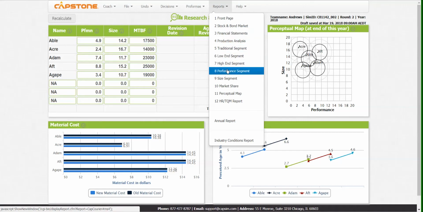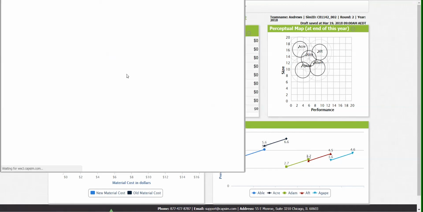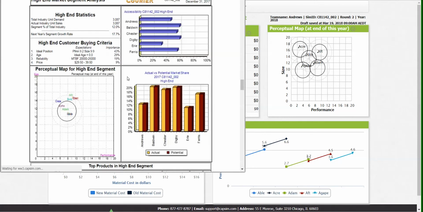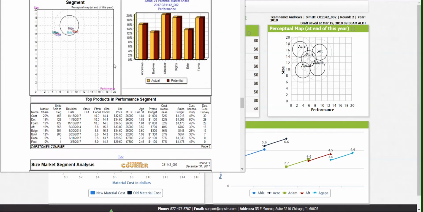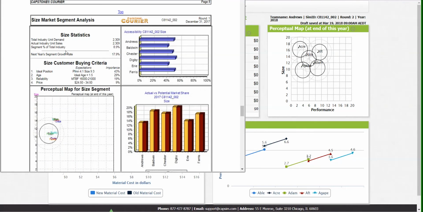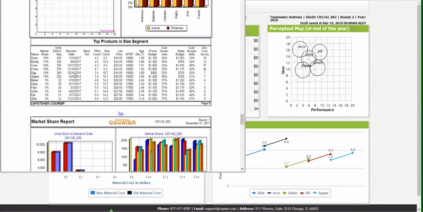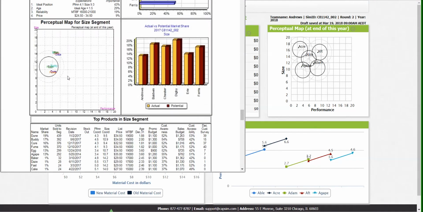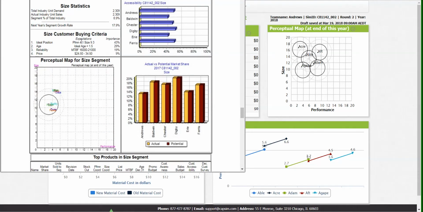We can go to the high end for Atom. So that's the performance and size, 9.2 and 9.9. Let's go down and have a look at Agape here. Ideal position for Agape with 13% of market share basically, but at the performance of last year they wanted a performance of 4.1 and a size of 9.3.